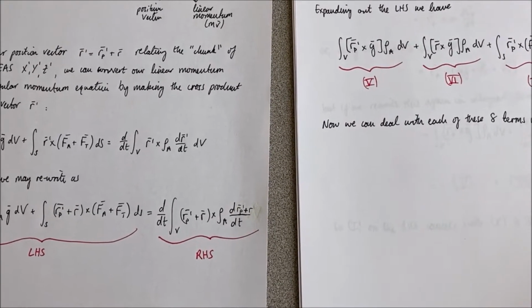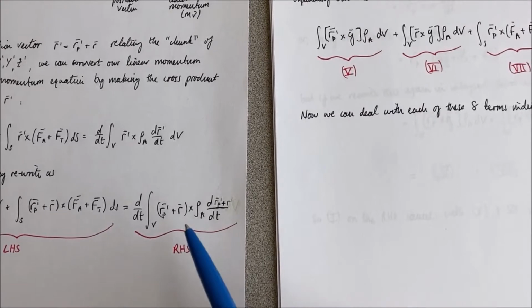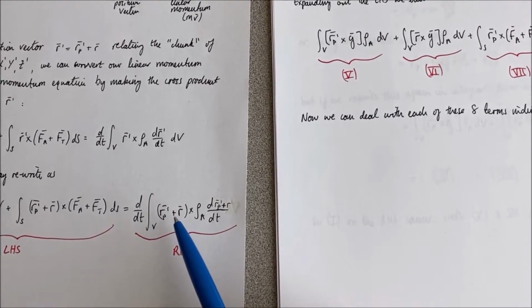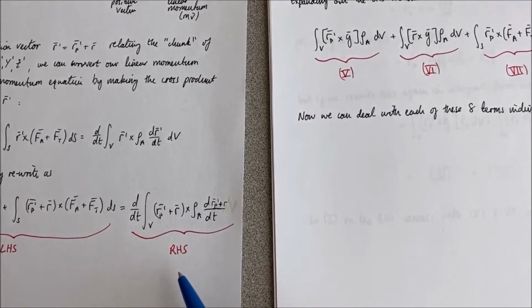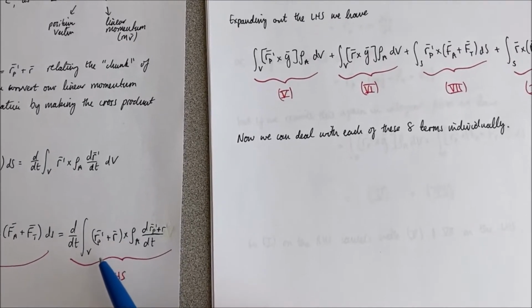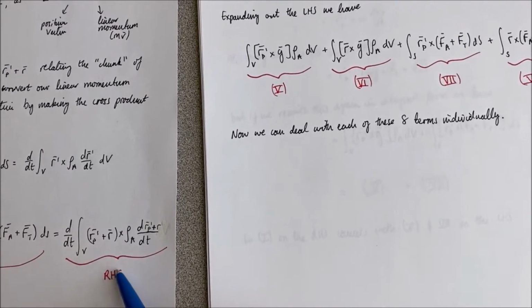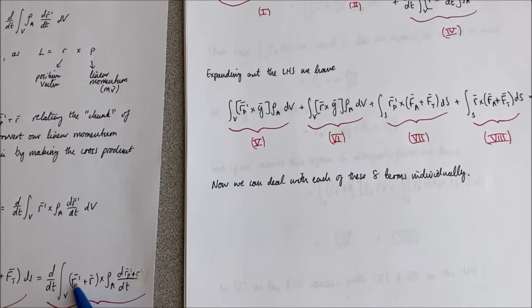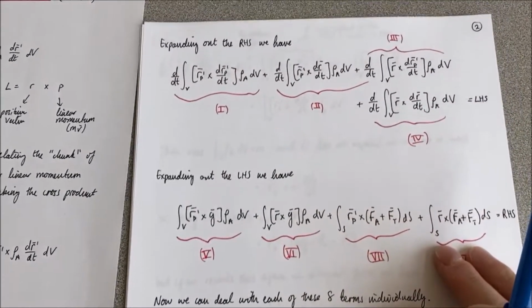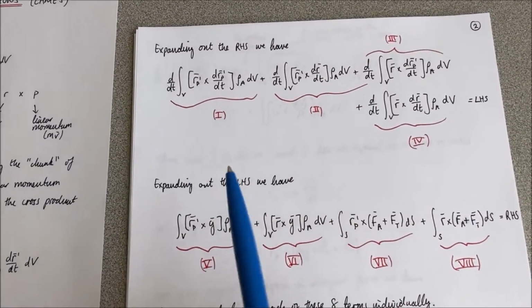All right, so the first thing I've done is gone ahead and expanded out the right hand side by taking these cross products from inside the brackets to get this.